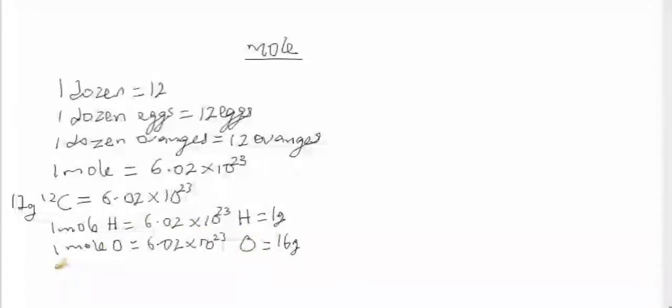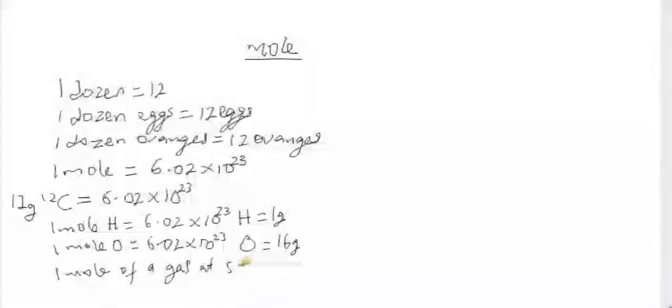Now, Avogadro also discovered that 1 mole of any gas at STP, that's standard temperature and pressure, would occupy a volume of 22.4 dm cube, irrespective of the type of gas.